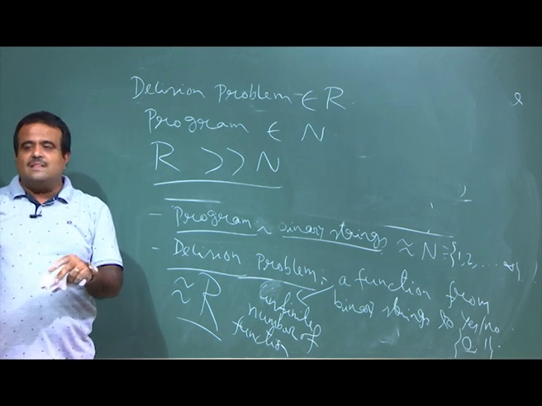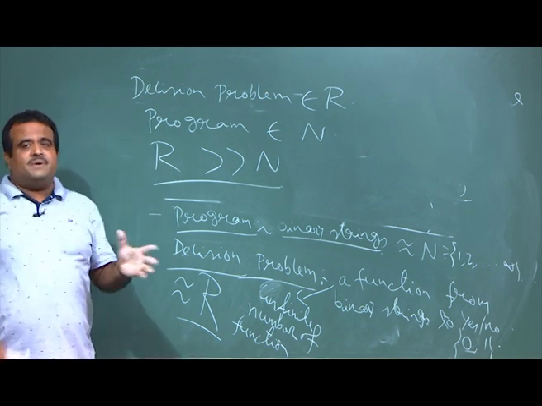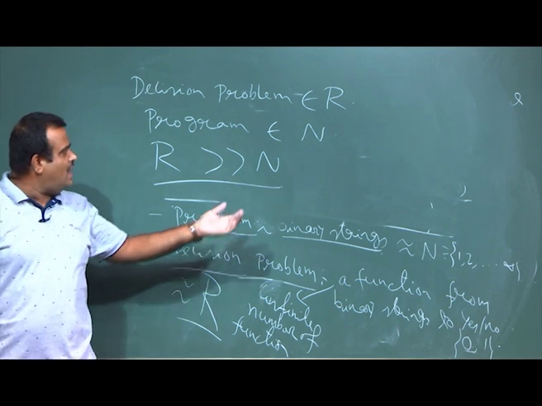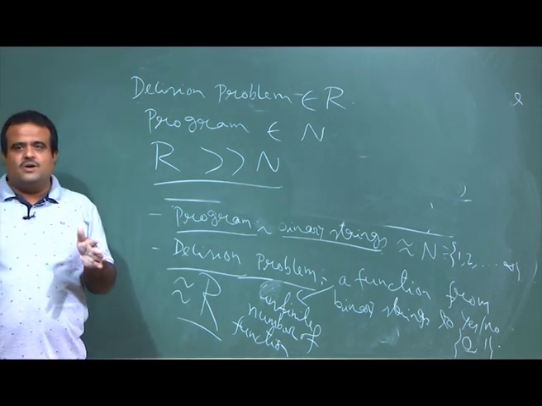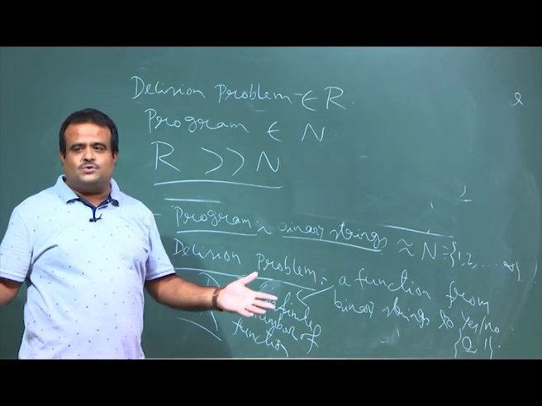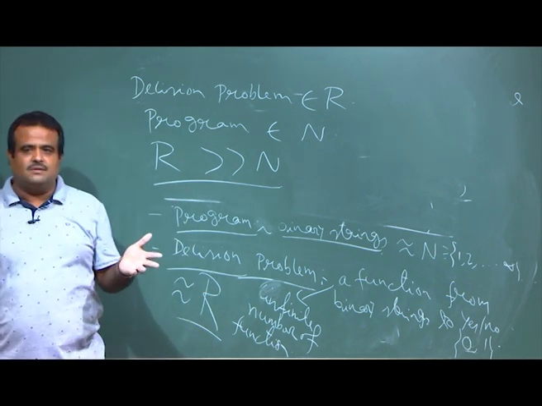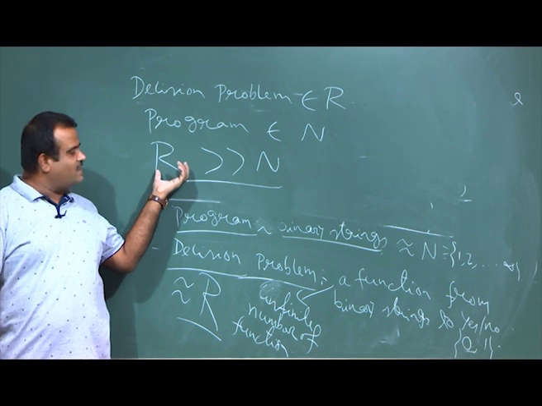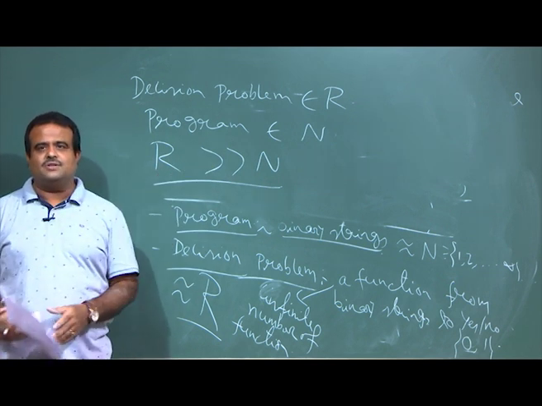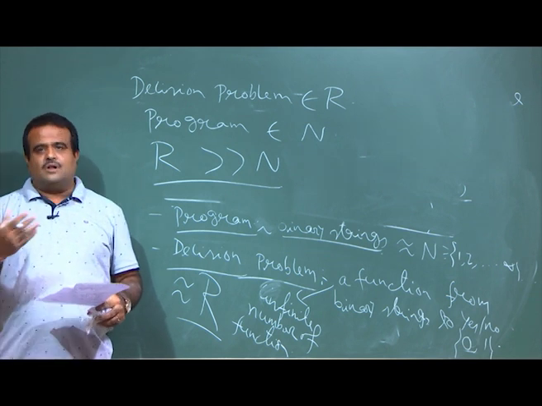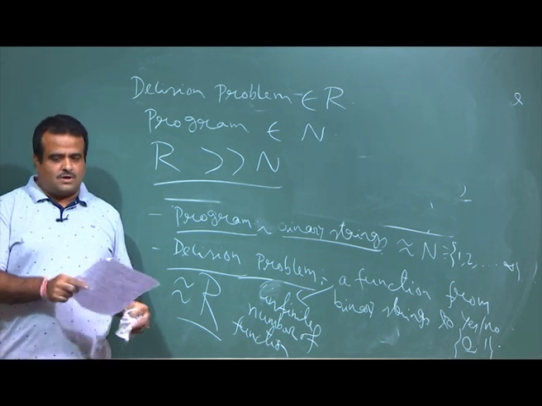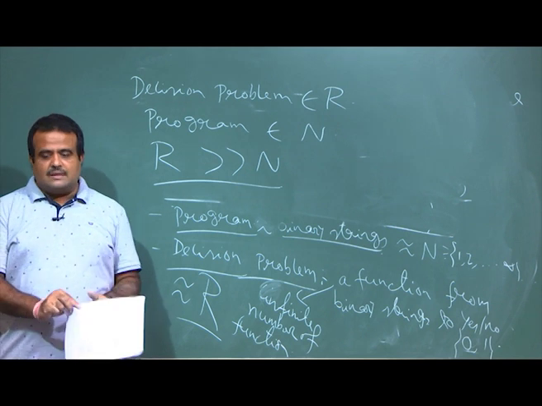We have uncountably many problems and only countably many programs. So there are many problems which are unsolvable, because this set is much bigger than that set.